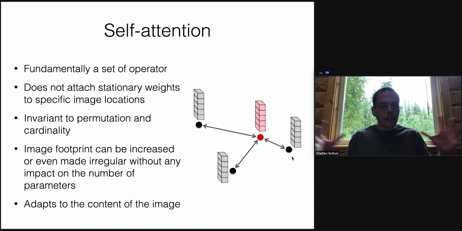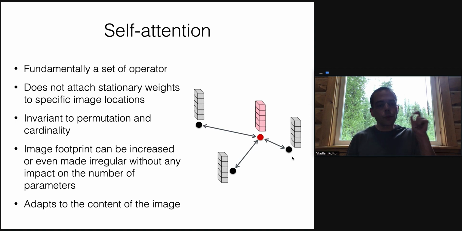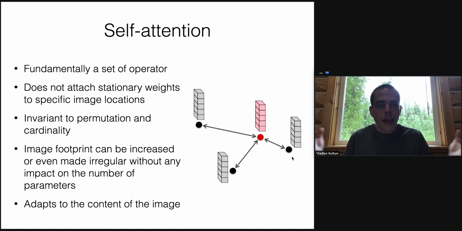And in fact, that receptive field can be changed at test time, potentially with no retraining. Since we're not indexing into specific image locations, and since we're not learning dedicated weights for specific image locations, we can adaptively change the receptive field of our information aggregation without potentially even having to retrain the network.